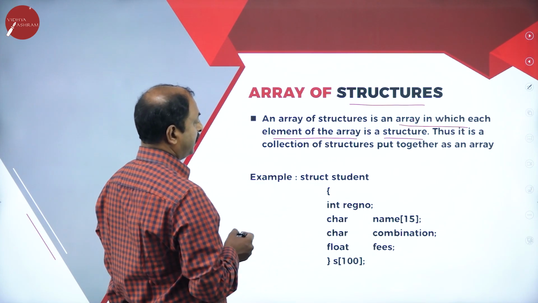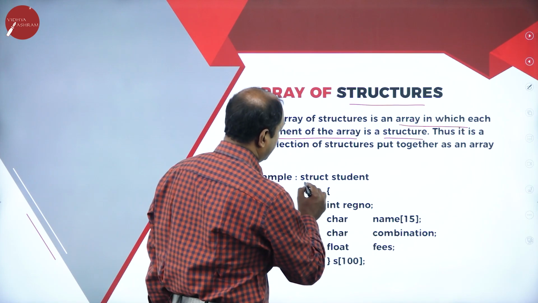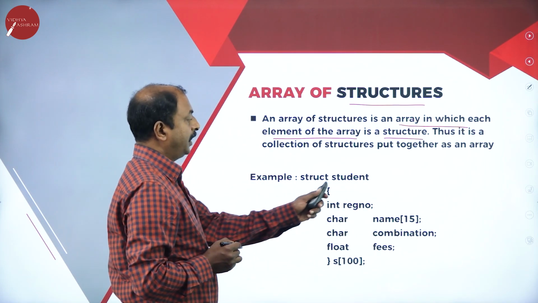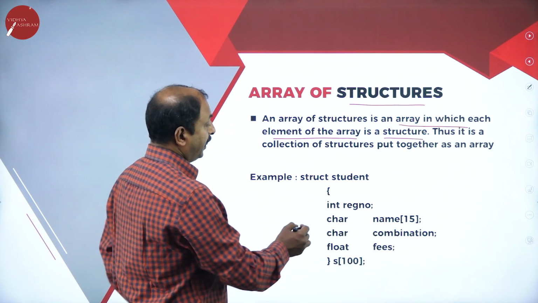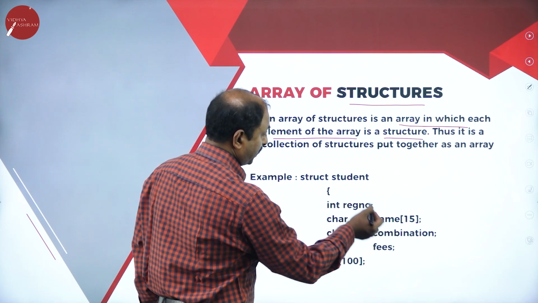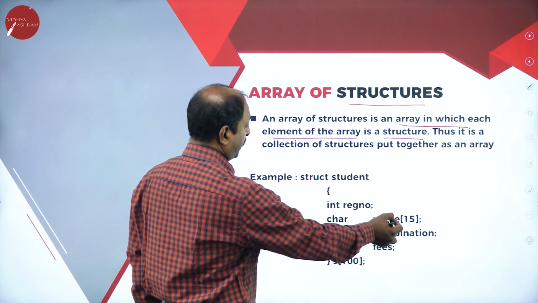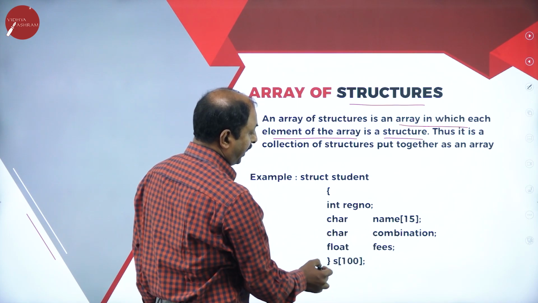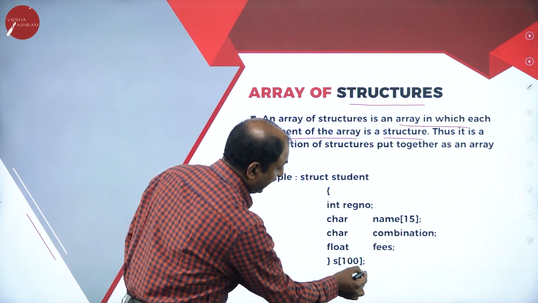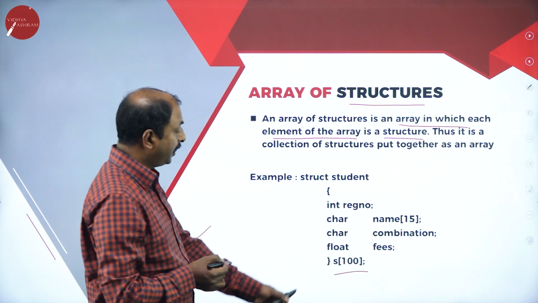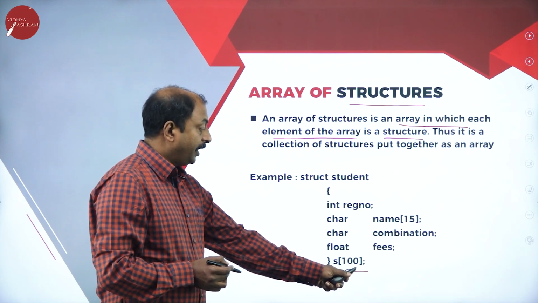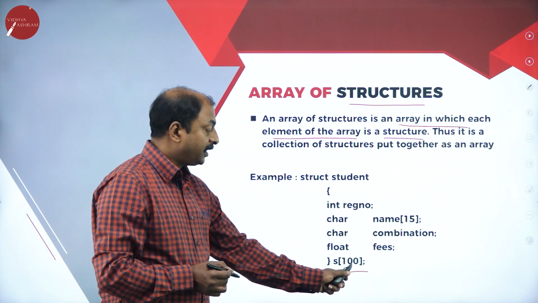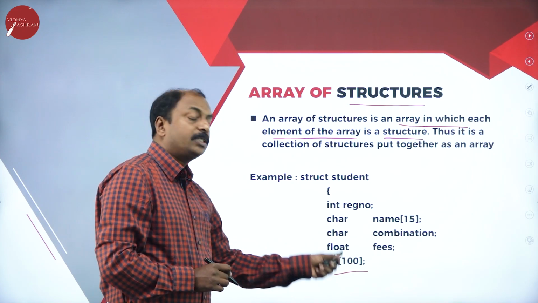Now, look at this definition, or example, struct student. Here we are defining a structure student, and these are all members of the structure: register number, name, combination, fees, and we close the bracket with S of 100. Here S of 100 is an array, and it is nothing but your structure variable.